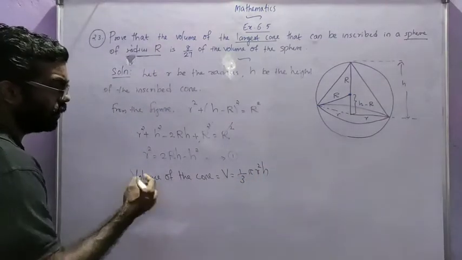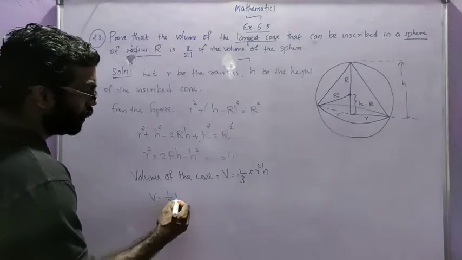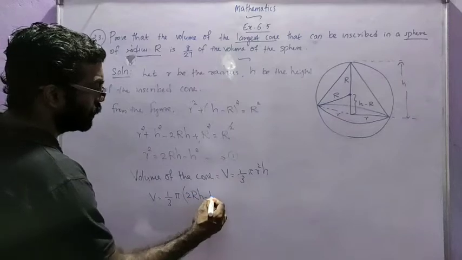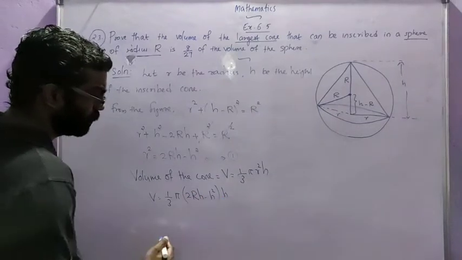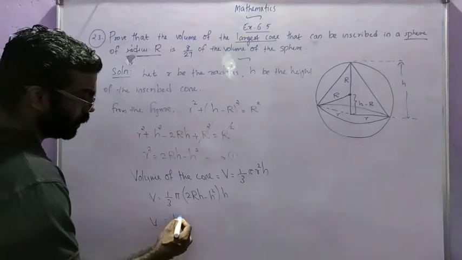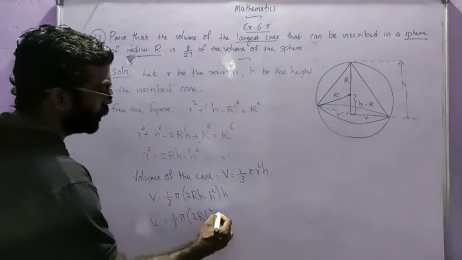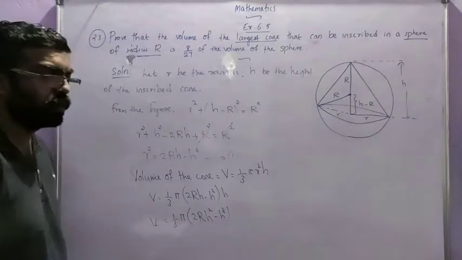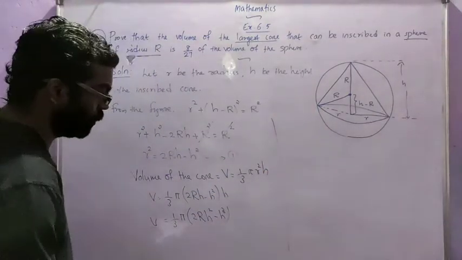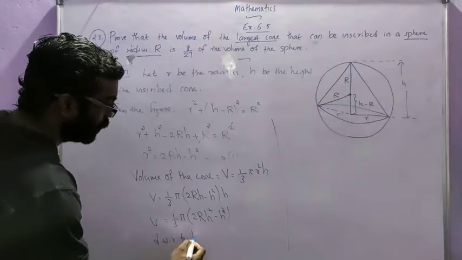We can replace the value of r square. V is equal to 1 by 3 pi into (2Rh minus h square) into h. Multiply this h. 1 by 3 pi into (2Rh square minus h cube). Now we can differentiate this one with respect to h.